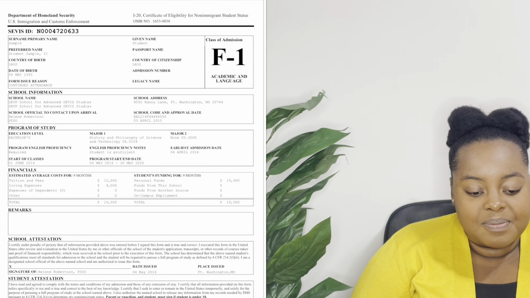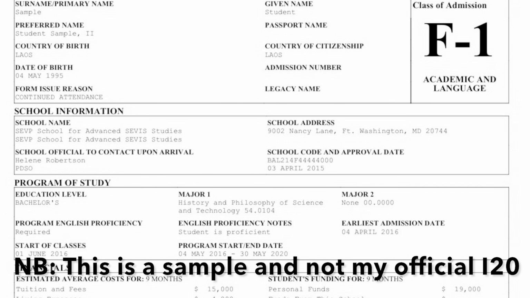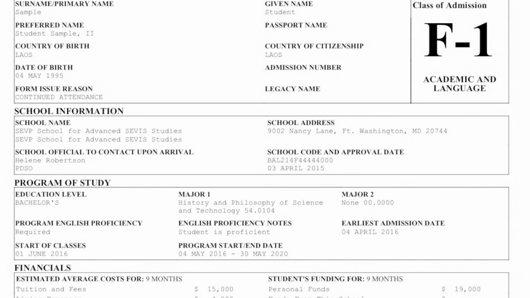It gives you your name, your country of citizenship, date of birth, and the class of admission, so if it's F1 or J1. And they also give you some information from the school, the name of the school, their contact official upon arrival, school address, school code, and approval date.